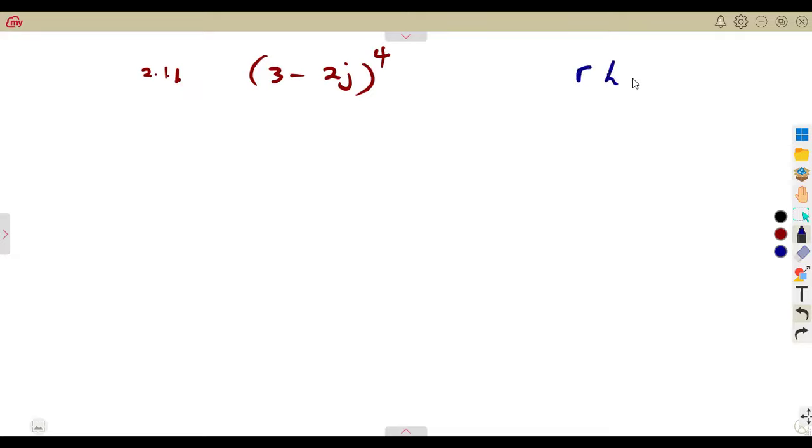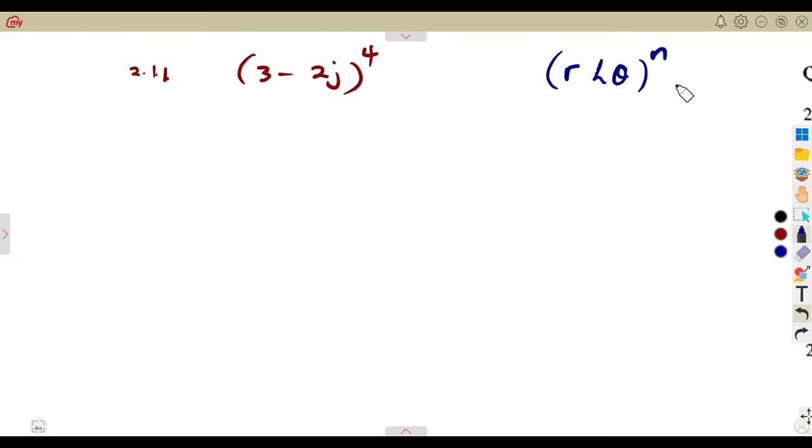Remember from our De Moivre's theorem that r angle of theta, when raised to the exponent of n, can be simplified as r raised to the exponent of n, and the angle is multiplied by n, so it's n theta.